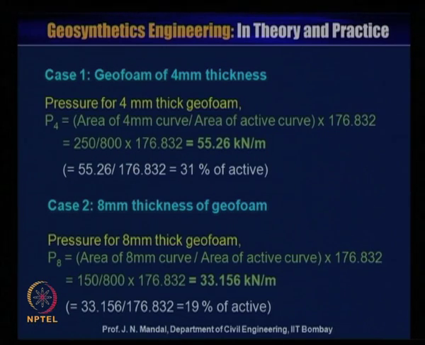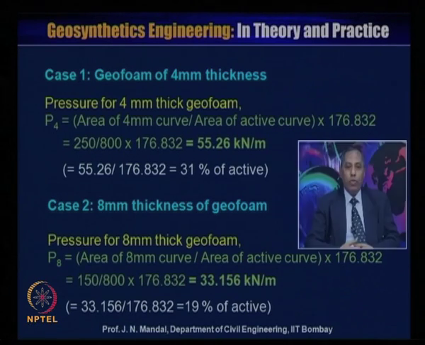So the pressure for 4 millimeter thick geofoam is 55.26, and 55.26 divided by 176.832 is equal to 31% of active. Now we consider case 2 where 8 millimeter thick geofoam has been used. So what will be the pressure for 8 millimeter thick geofoam? That we express as P8 is equal to area of 8 millimeter curve divided by area of active curve into 176.832.